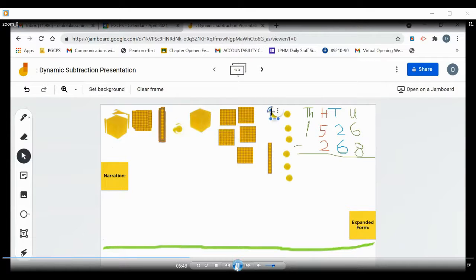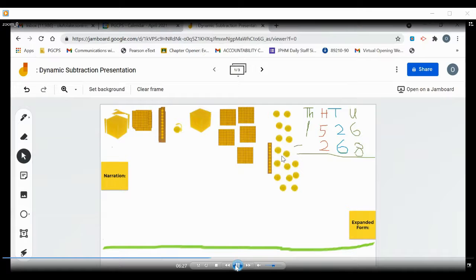So I'm going to bring 1 unit, 2 units, 3, 4, 5, 6, 7, 8, 9, 10 units. So I exchanged the 1 ten that I took from under the tens place. I exchanged it for 10 units and I placed the 10 units on the frame.